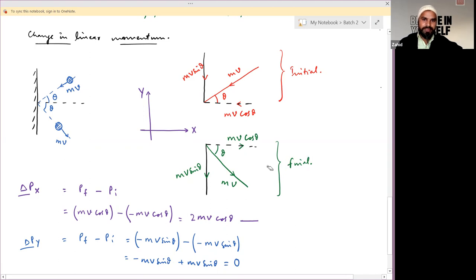As final momentum along x-axis is towards the positive side, that's why we have plus mv cos theta. And initial momentum is towards negative x-axis, so it will be minus of mv cos theta. So minus and minus will become plus, 2 mv cos theta. Is it clear? Yes, sir. Okay.